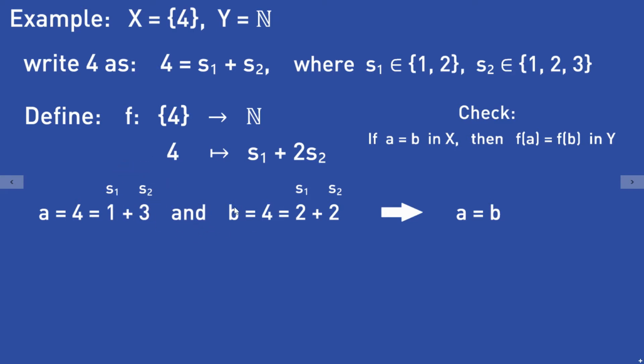And the second way is b is equal to 4 is equal to 2 plus 2. 2 is the number s1 and 2 is the number s2. Apparently a is equal to b, because a is 4 and b is 4. We have to check now if f of a is equal to f of b.